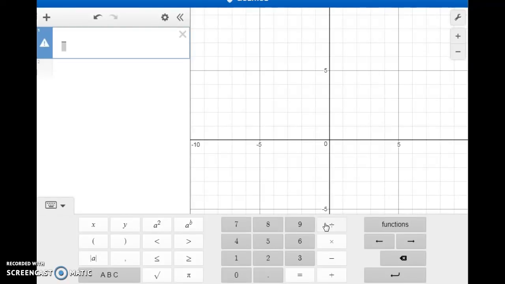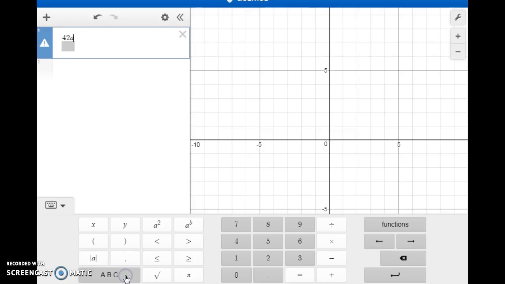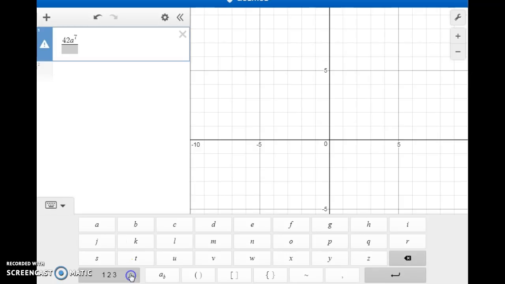All right, I had 42. All right, I had x to the 7 at the top, right? But we need to change that. So you can pick any letter. I would stick with A and B, so you don't get confused. We'll do A to the 7, and we'll do B to the 6th.